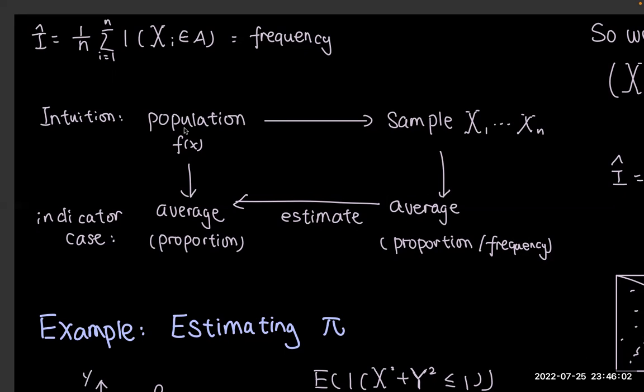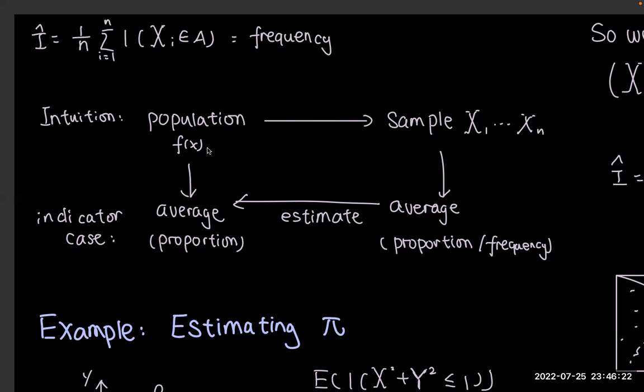Then this unknown constant I, this integral or expectation, can be interpreted as the population average. For example, we have a population of 300 million people, and we look at the population average. This population is described by the density.